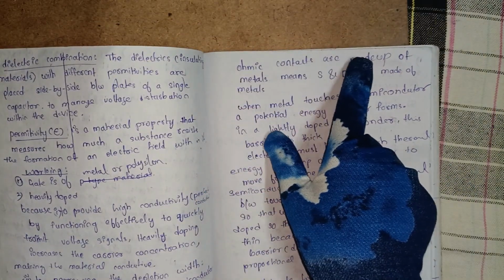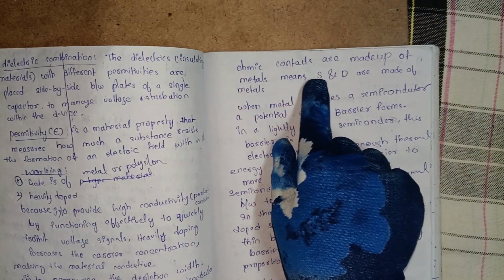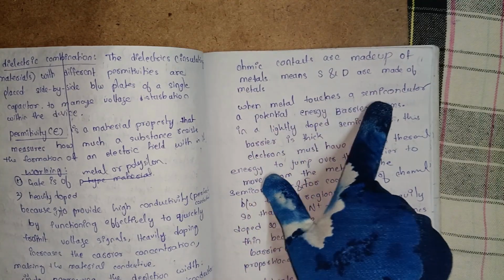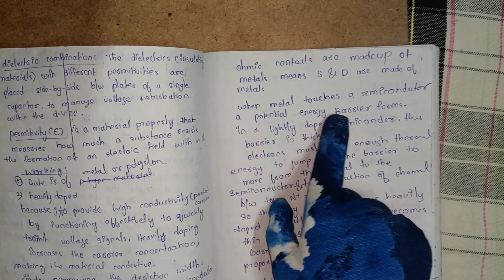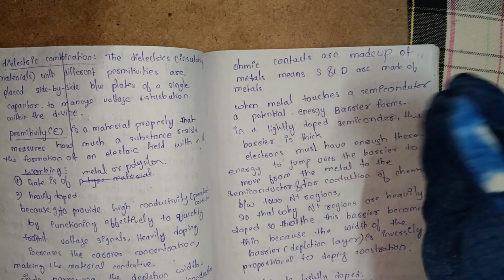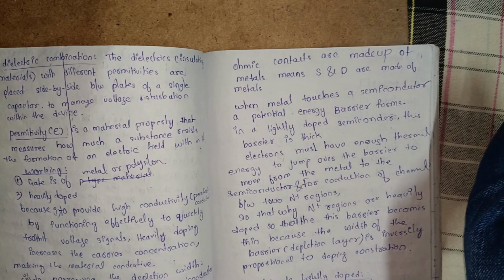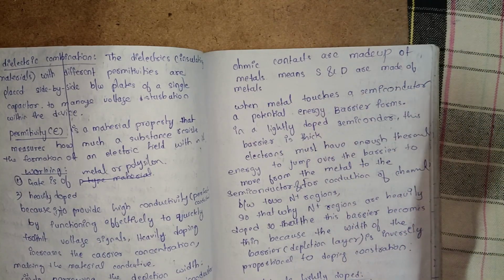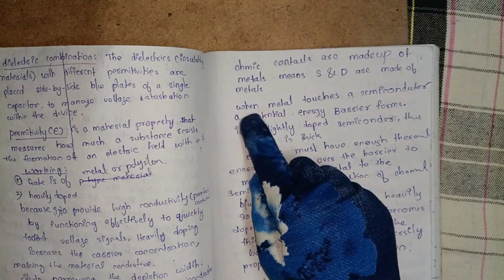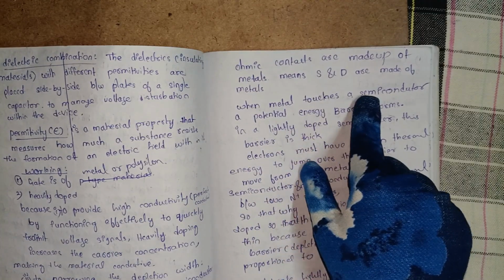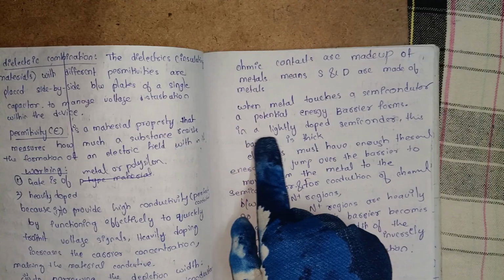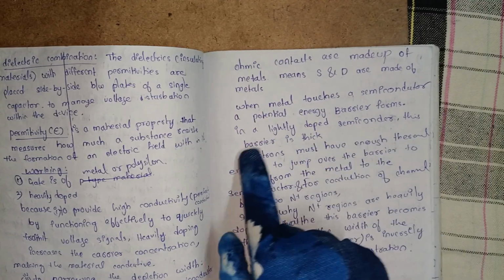Ohmic contacts are made of metal, meaning the source and drains are made of metals. Here I am explaining how these ohmic contacts provide a low resistive path for electrical connection. When metal touches a semiconductor, a potential energy barrier forms. In a lightly doped semiconductor, this barrier is thick.